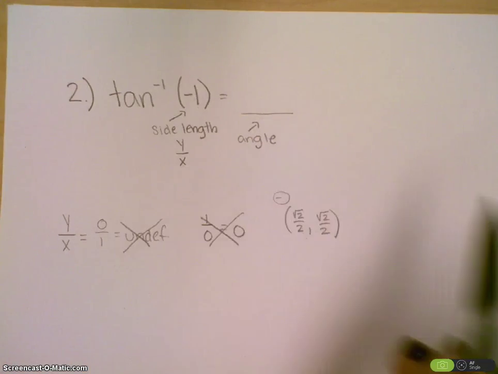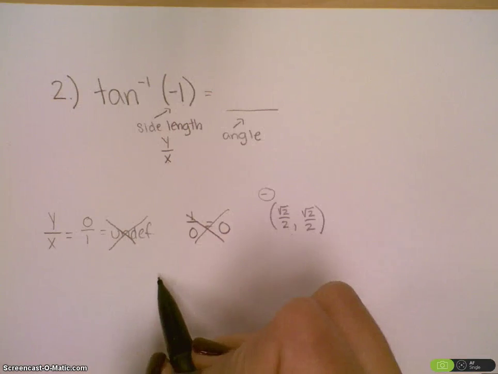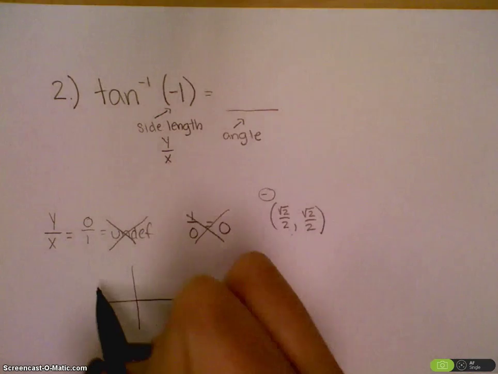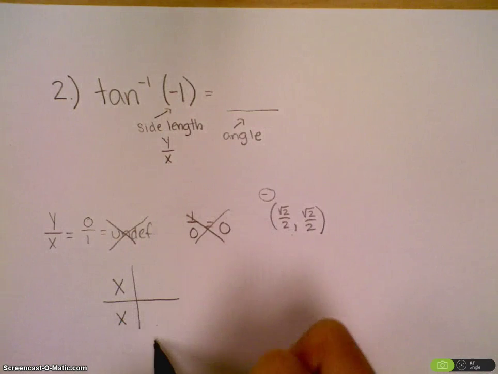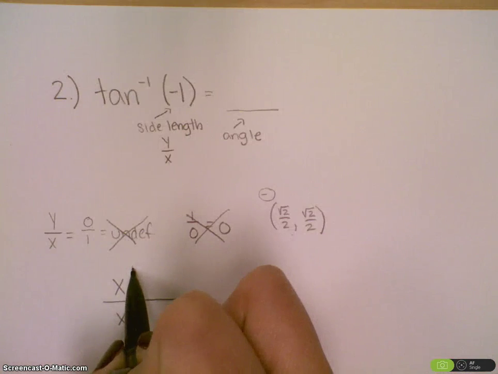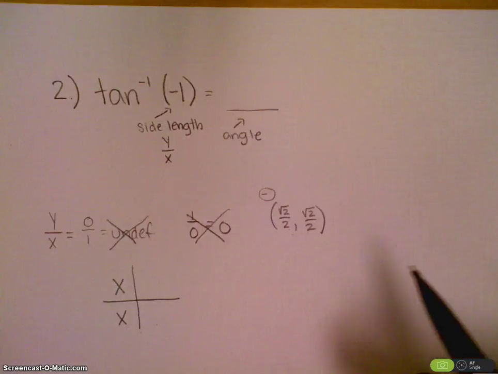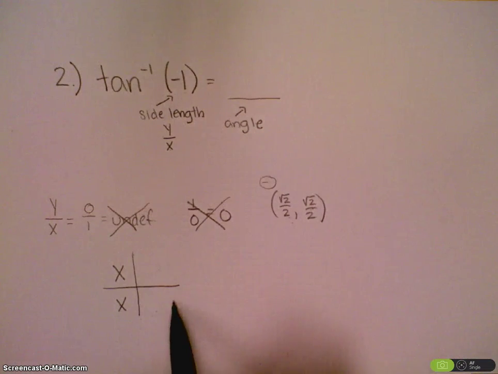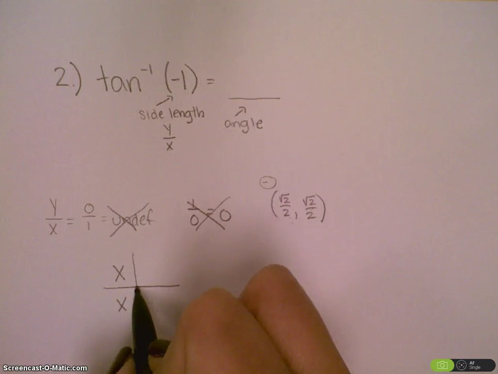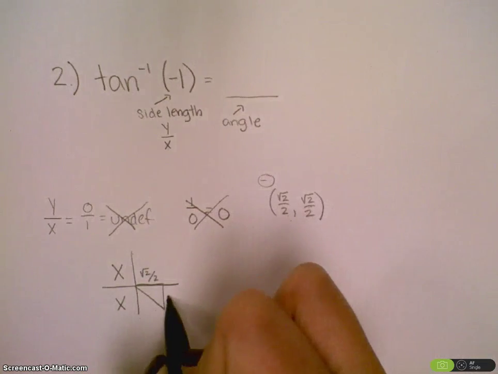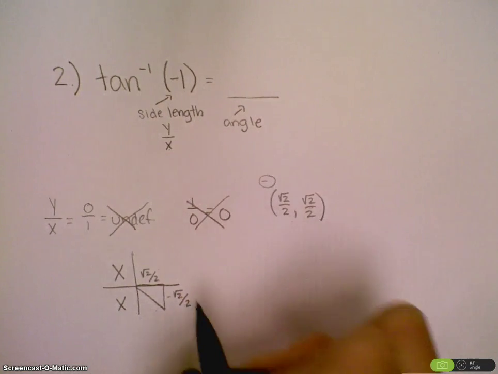So in looking at that tan inverse, we know the restrictions of tan inverse are in the first and fourth quadrant, where it's from negative pi over 2 all the way to pi over 2. Now, since one of them has to be negative, we automatically know it's the fourth quadrant. So root 2 over 2, negative root 2 over 2.